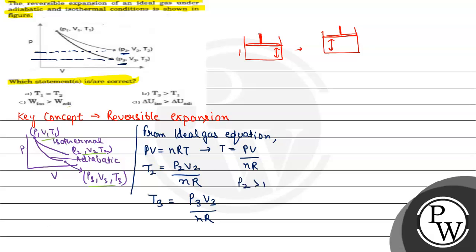So P2 is greater than P3, and by this we can say that T2 will be greater than T3, because n and R are constant, and if P2 is greater than P3, then T2 will be greater than T3.